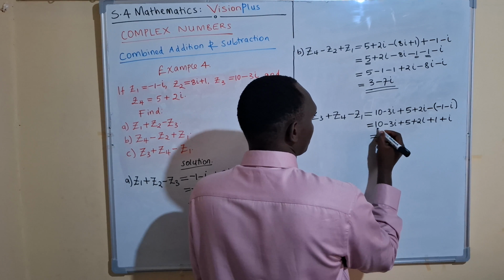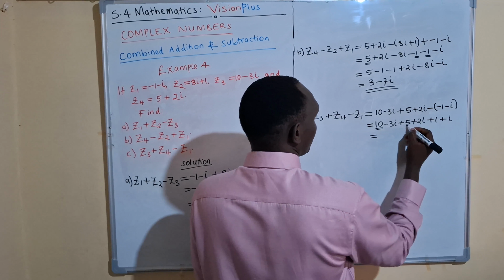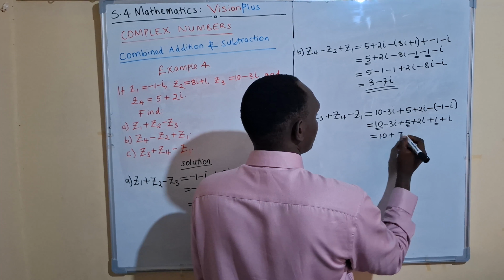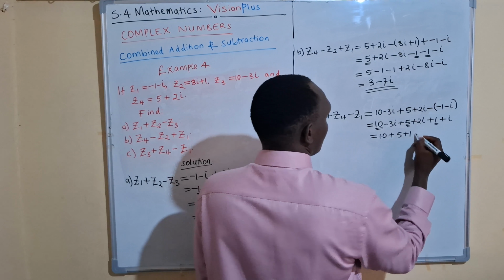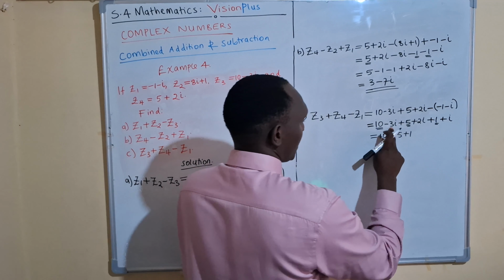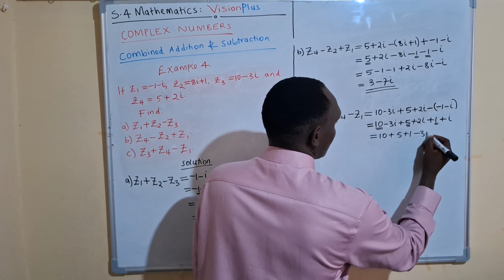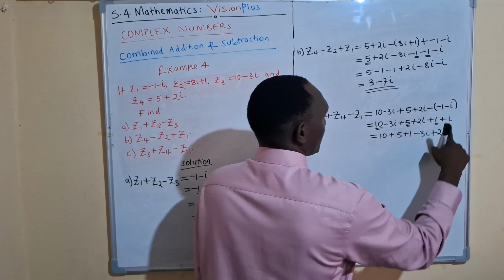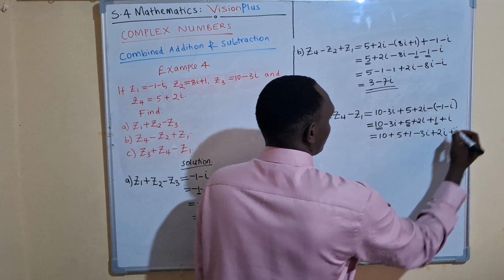Collecting the like terms, let me collect the real parts together. That is 10 plus 5 plus 1. Then going to the imaginary parts, 3i is negative, so I'll put here minus 3i. 2i is positive, put here plus 2i. And then i, lastly is positive, so plus i.